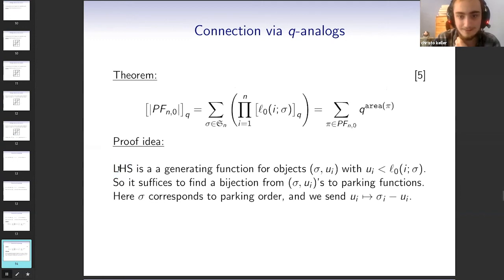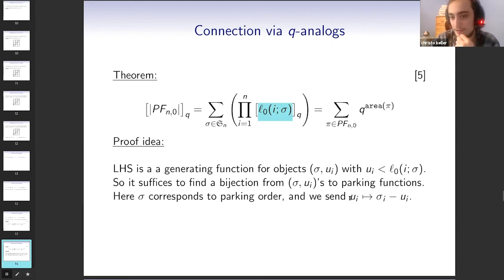Maybe I have to skim over the k stuff, but the left-hand side, the function with the q-analog of the L's, is a generating function for pairs of objects: a permutation sigma and a bunch of numbers u_1, u_2 up through u_n with u_i less than L_i. The q-analog is 1 plus q plus q squared plus q cubed, so basically you're choosing a power of q less than this number for each index and multiplying them together.